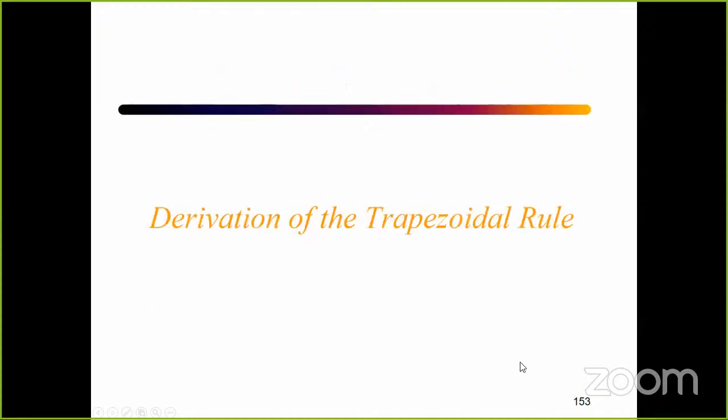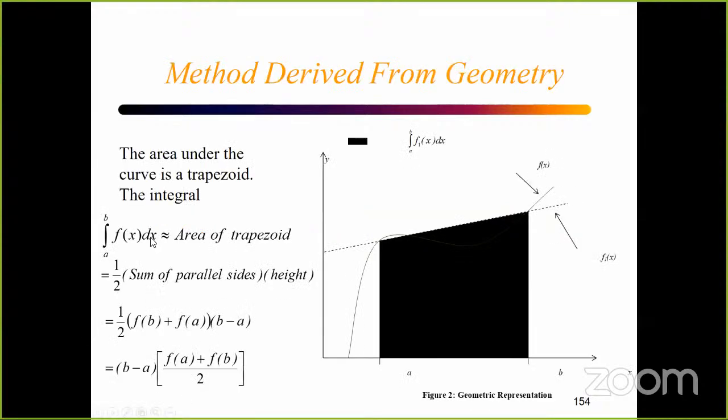The same thing we are applying for the derivation. In the trapezoidal rule, this is the value of the function at a and this is the value of the function at b. Connect these two points by a straight line. The function may not actually meet there. These are the two points essential to find the area of a trapezoid.